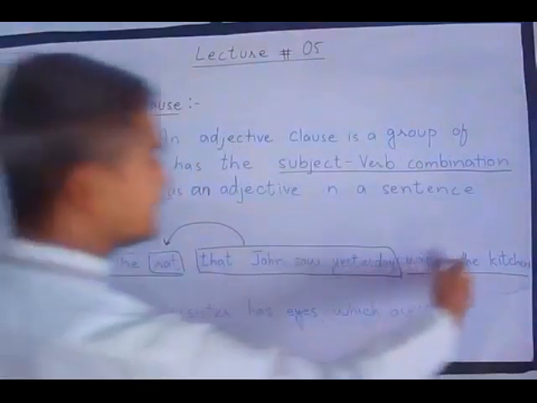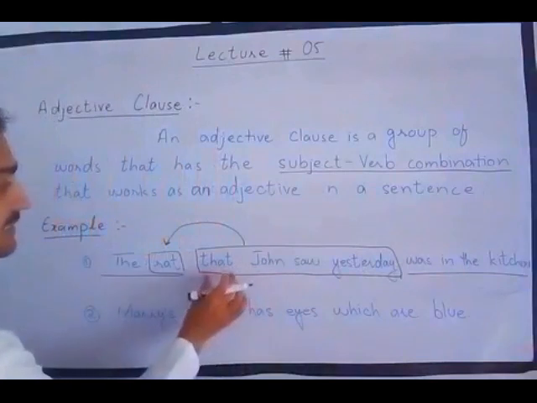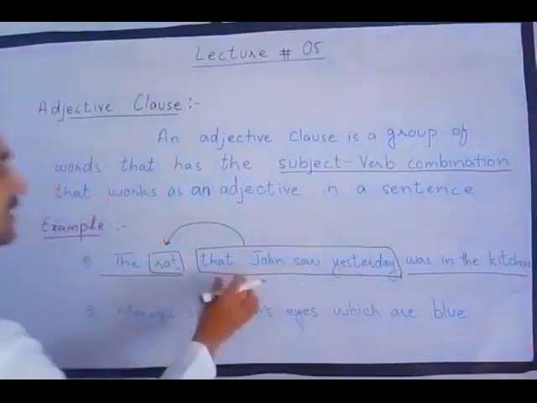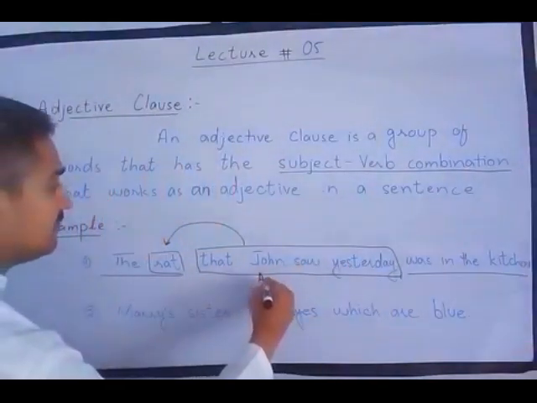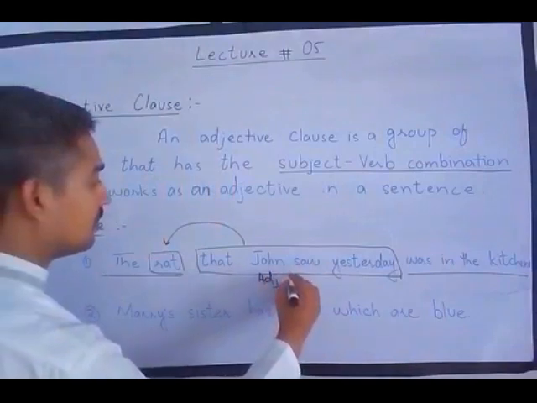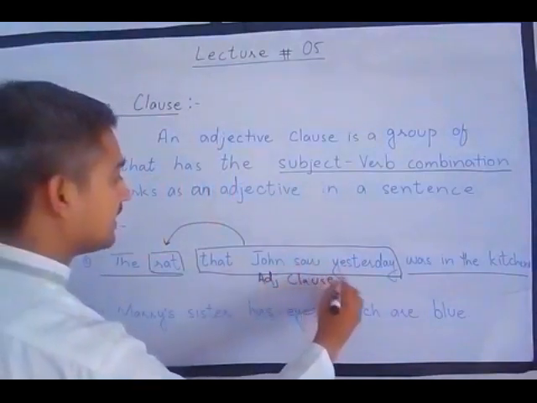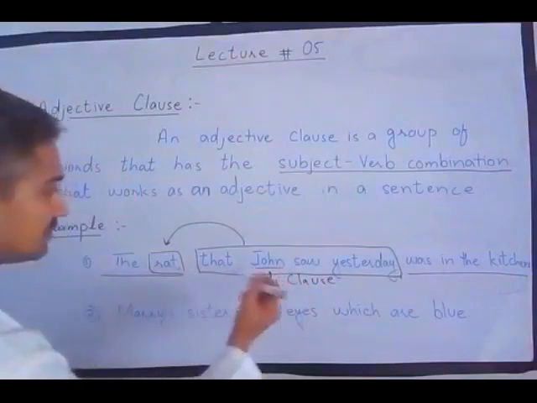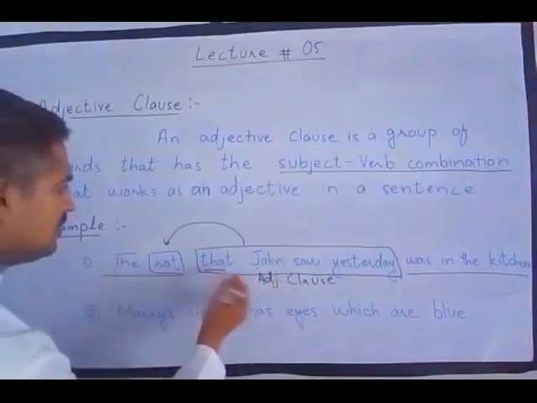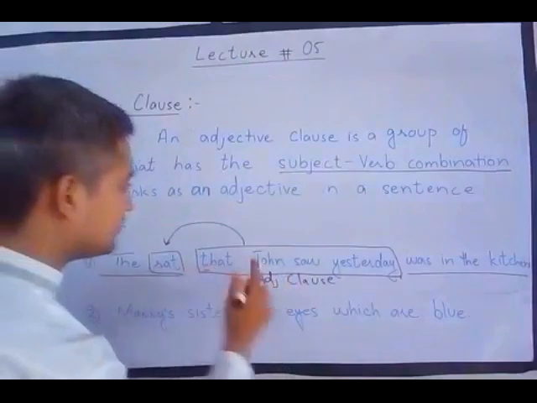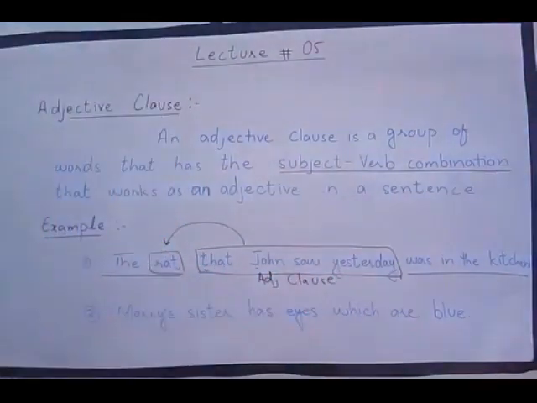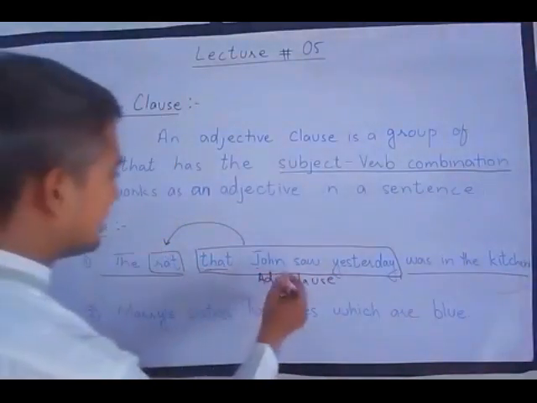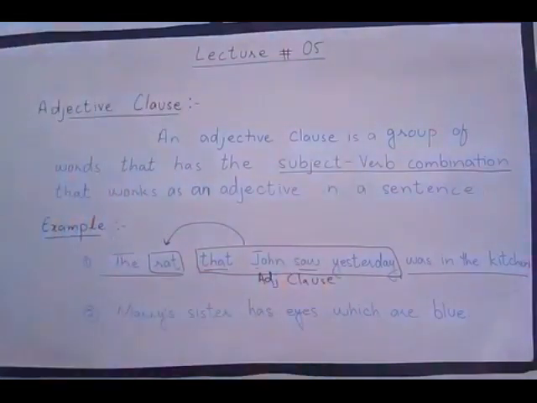But that John saw yesterday is our adjective clause which works as an adjective. You can see here John is the subject and saw is the verb.